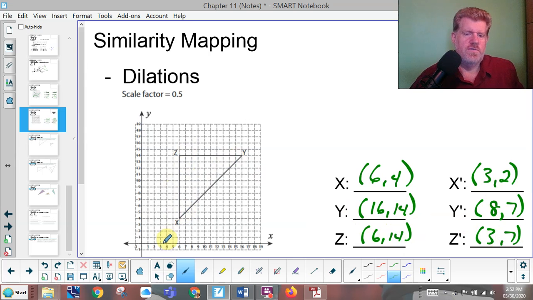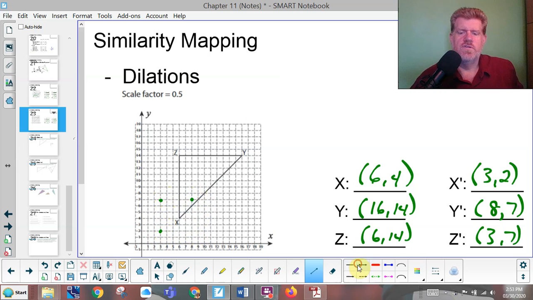So 3, 2, 8, 7, and 3, 7. We'll make that a triangle again. I guess we'll do it in black this time. So notice how the new X prime, Y prime, Z prime is half as big as this one.